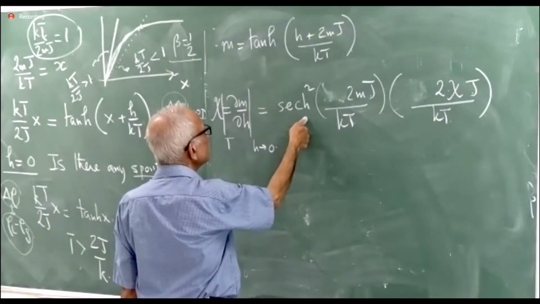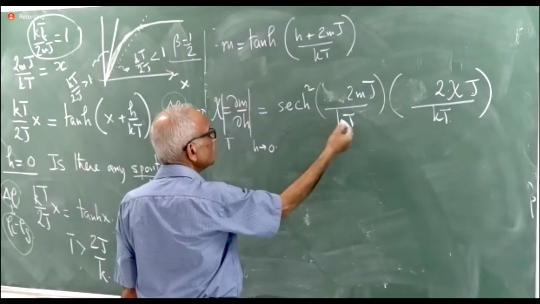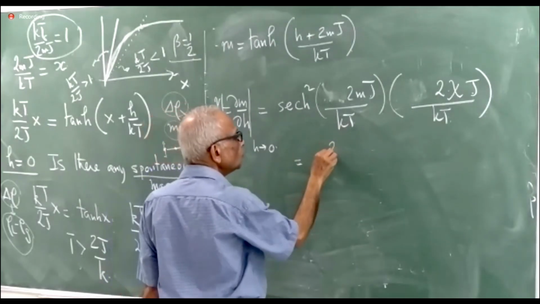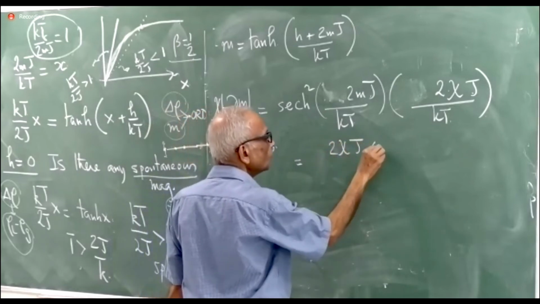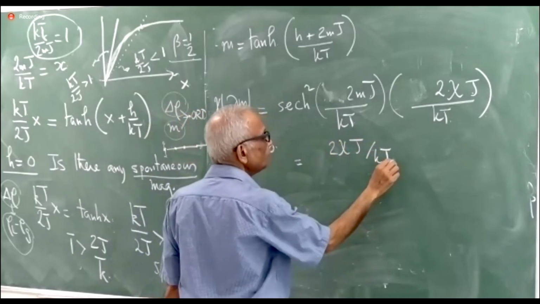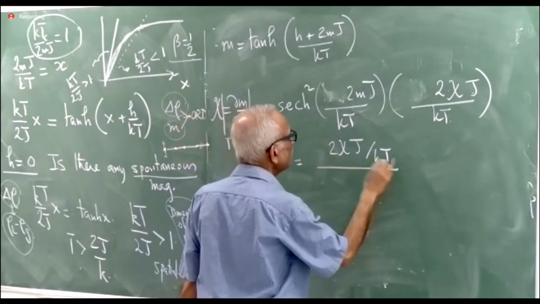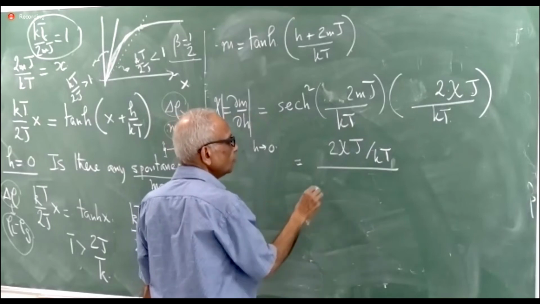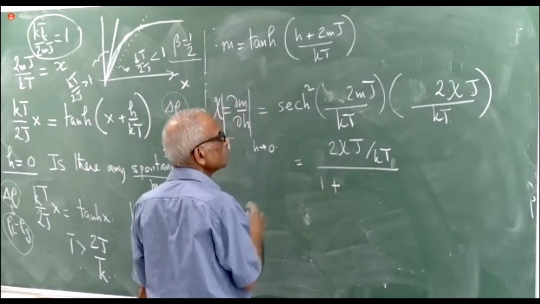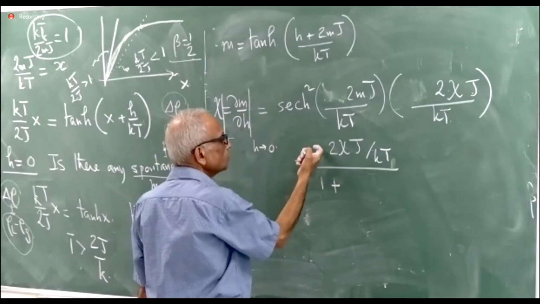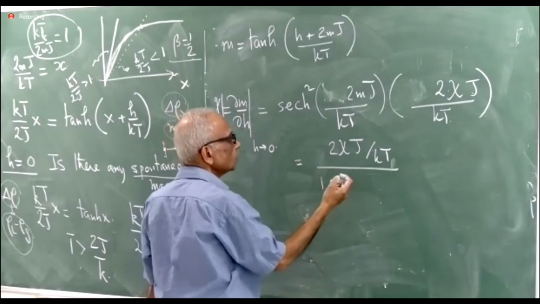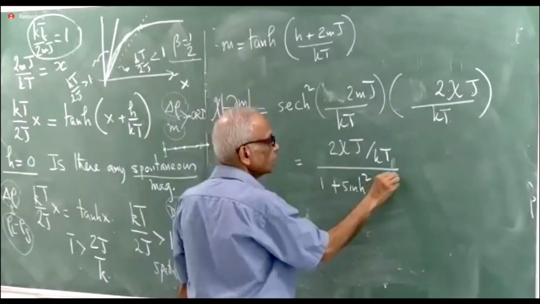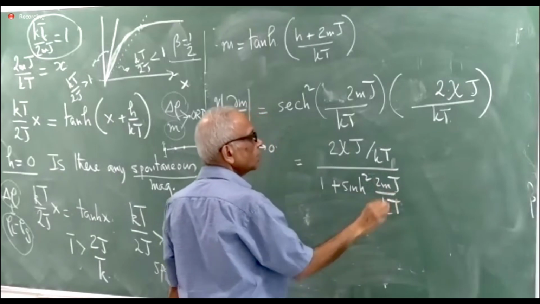It's a tan hyperbolic giving you a sech hyperbolic. So this is 2 chi J over kT, which is divided by cosh hyperbolic squared over here, which is 1 plus, so this is 1 over cosh hyperbolic squared, and 1 plus sinh hyperbolic squared 2 over mJ by kT.